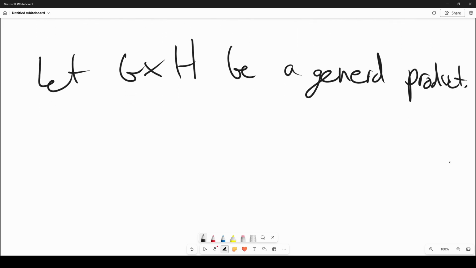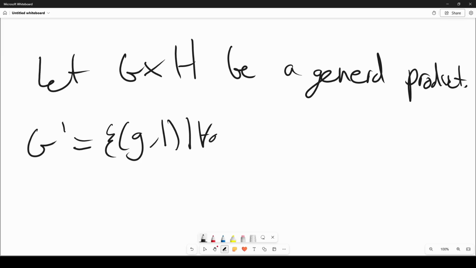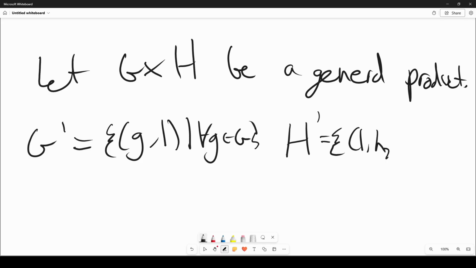So we automatically have two subgroups. We have the subgroup, which I'm going to call G prime, which is going to be equal to the elements (g, 1) for all g in G. And then we have the subgroup H prime, which is going to be equal to all those elements (1, h) for all h in H.